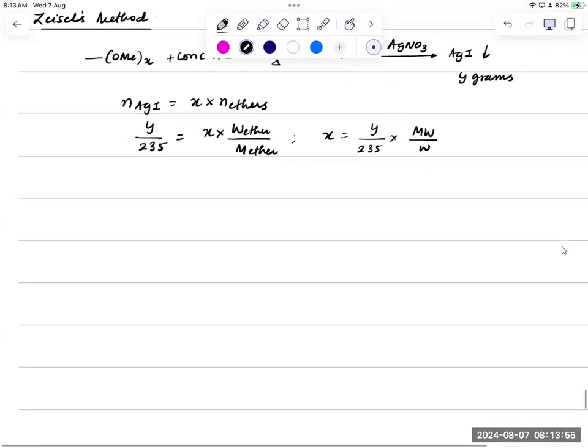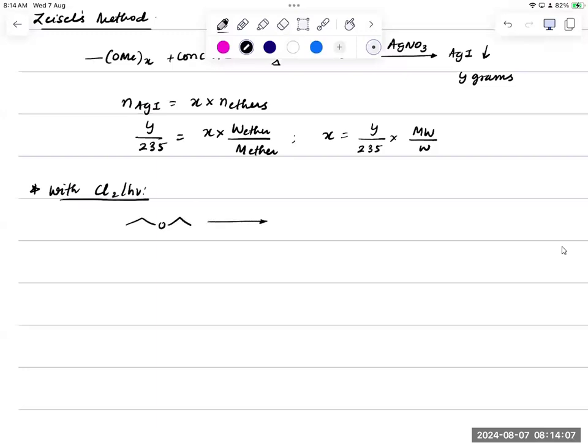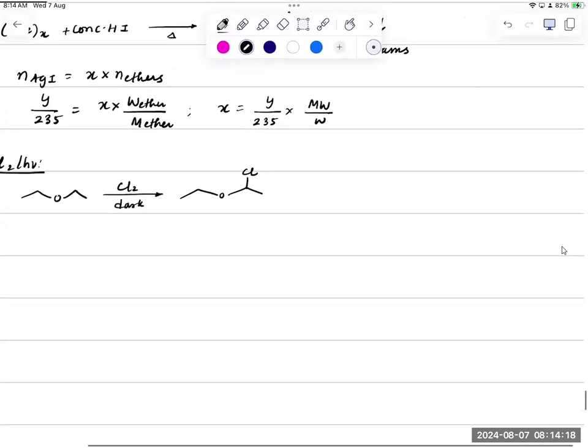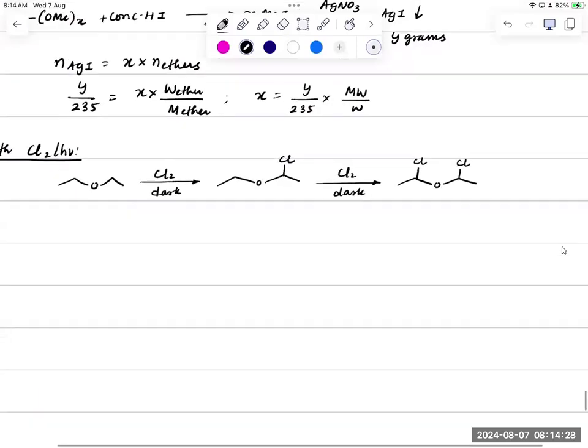Next reaction is with Cl2 in dark. Suppose I have ether here treated with Cl2 in dark. If it is dark, there will be very little amount of radicals formed, so you will get only this kind of chlorination. In fact, if you react further with Cl2 in dark, one more Cl can at maximum approach at this position.